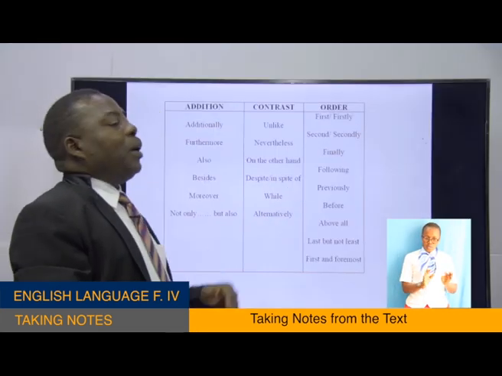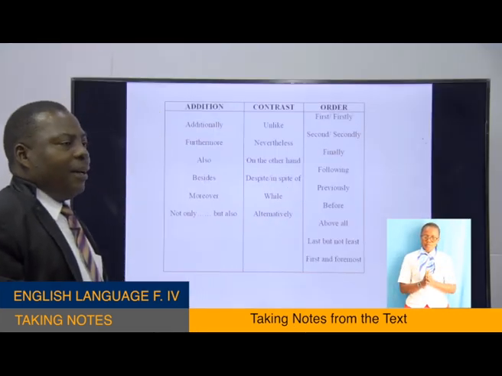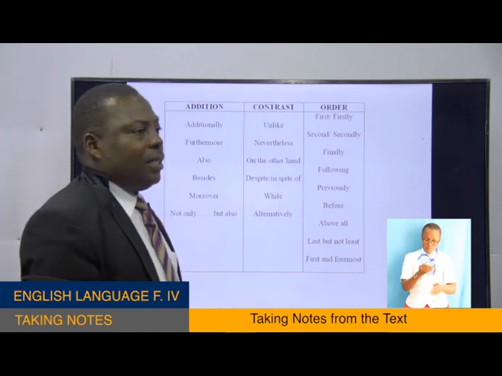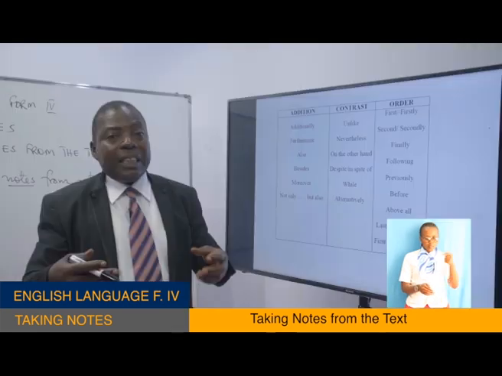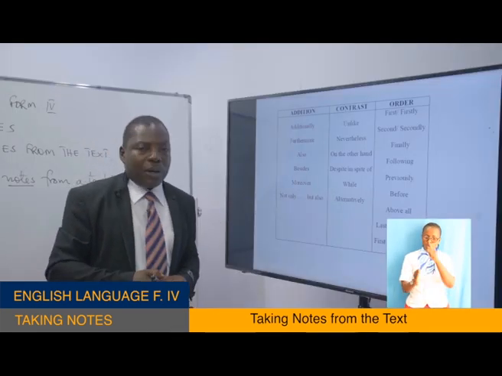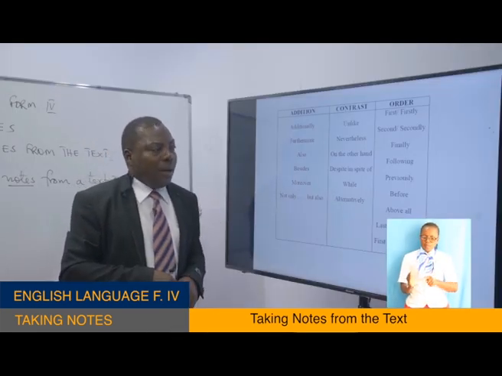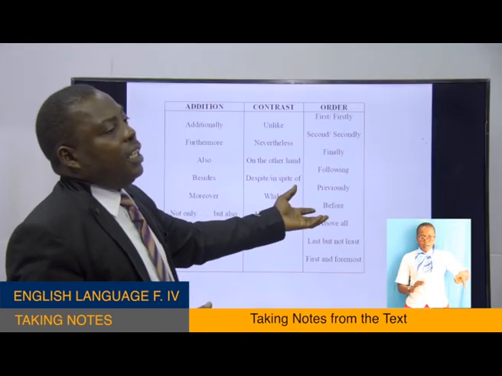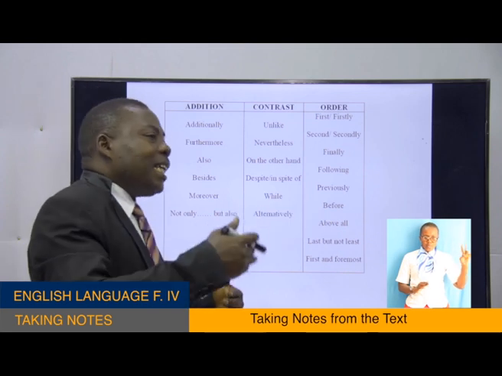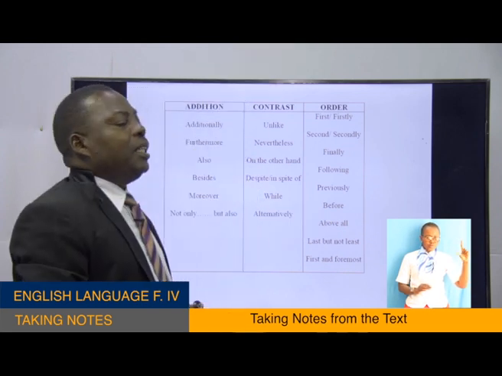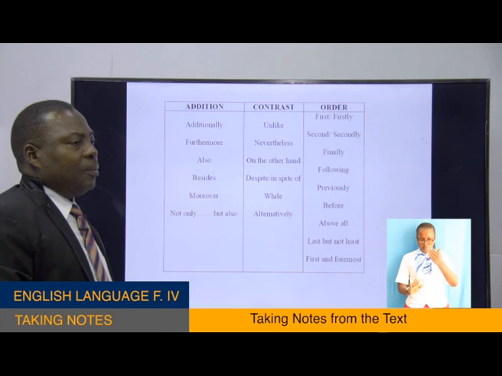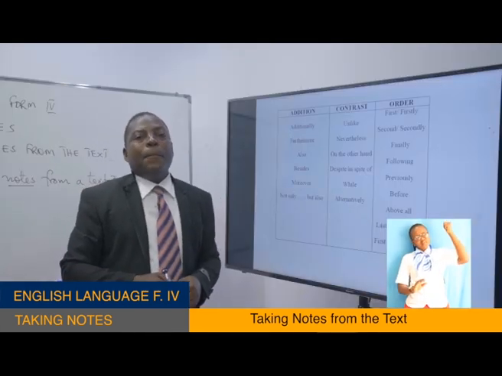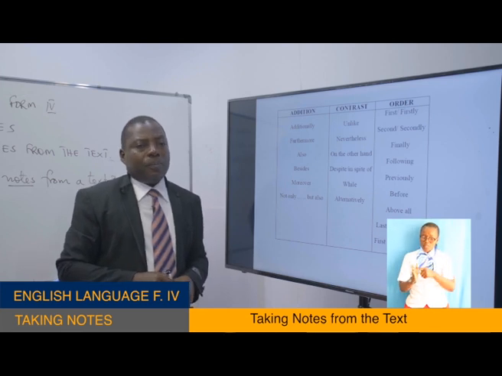But coming to a word like finally, that means this person has come to the end of listing or making his or her points. Previous is a linking signal that doesn't tell us whether the point mentioned is an additional one, but rather it refers to the point that has been mentioned before.